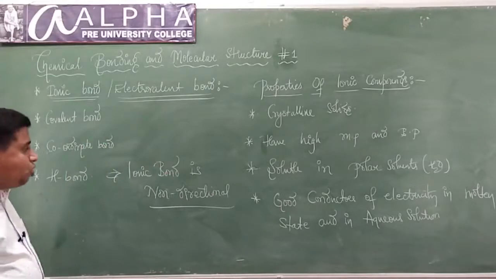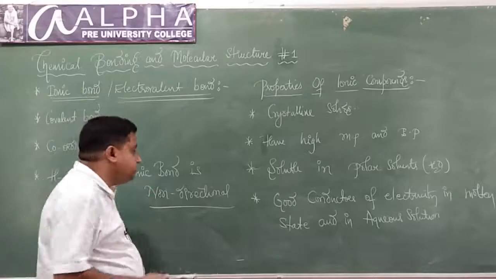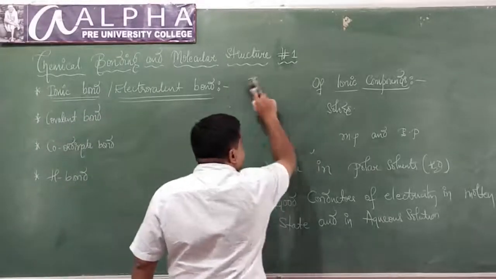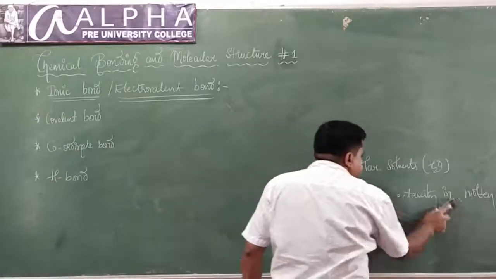Now, what are the factors that favor the formation of ionic bond? That is where it is important. Factors favoring the formation of what? Ionic bond.